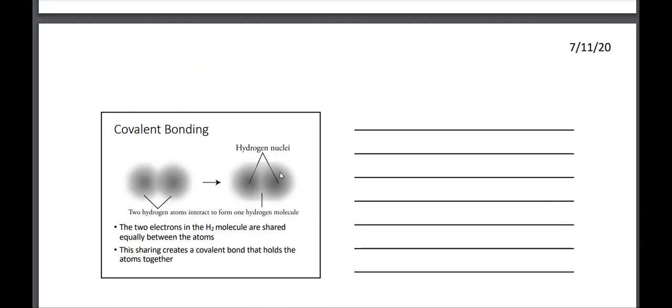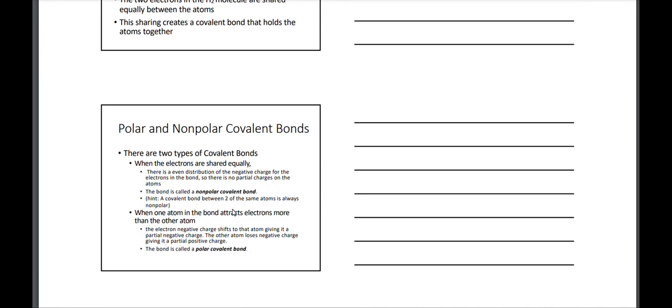The reason is that we're not forming a polarized situation where you have one side that is positive and one side that is negative. The electron density is equally distributed on both sides of the bond, so it is a non-polar covalent bond.